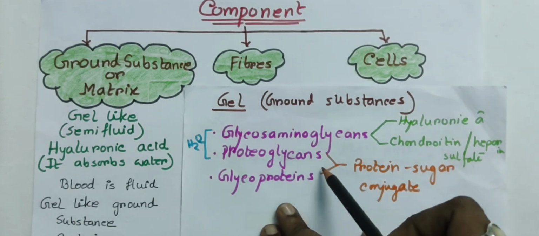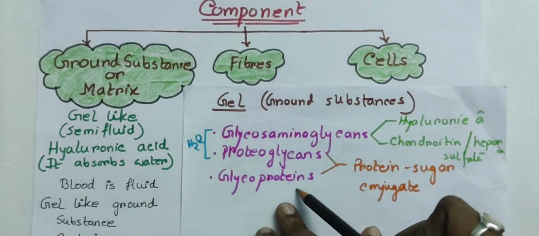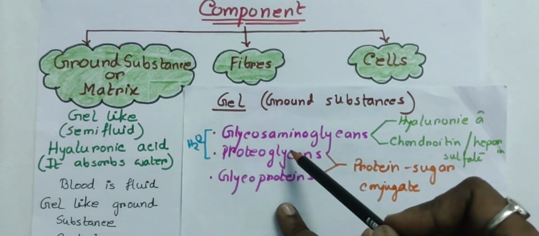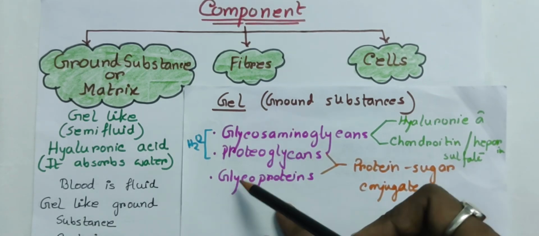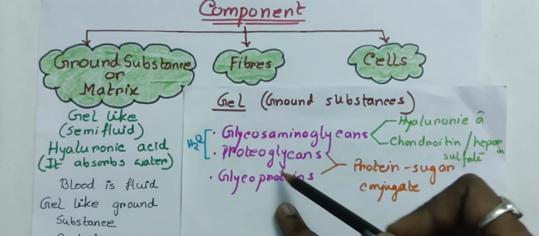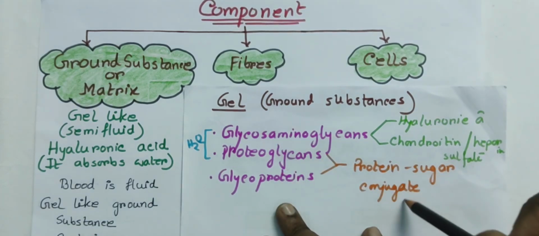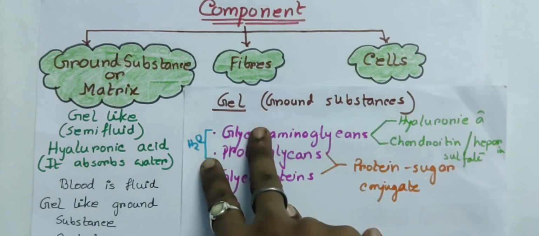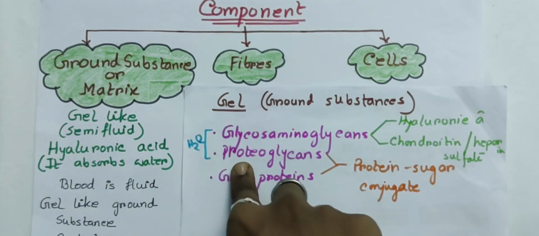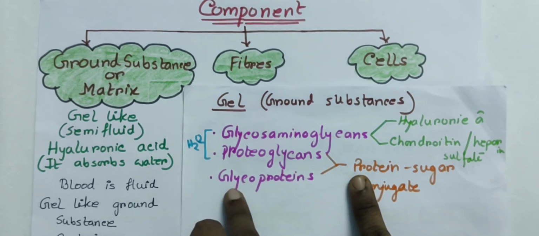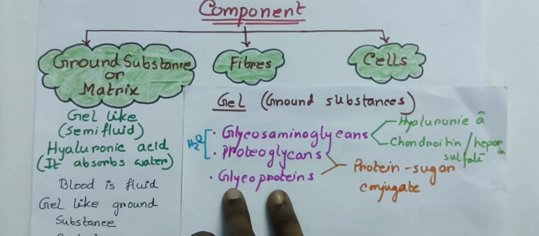For proteoglycans and glycoproteins, just follow the names: proteo means protein, glycans means sugar, and glyco means sugar. So what is the difference between them? They are both protein-sugar conjugates. In proteoglycans the protein part is placed at the front of the name, followed by glycans, and in glycoproteins glyco is placed before protein.